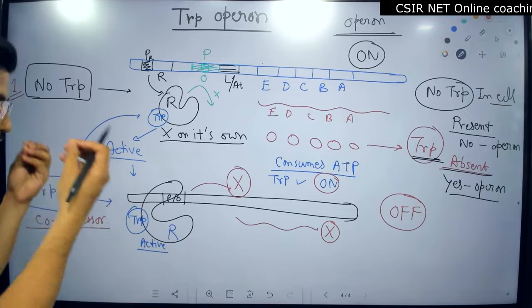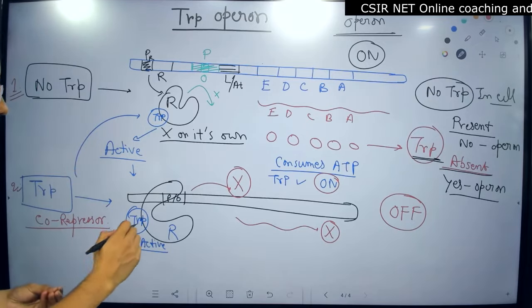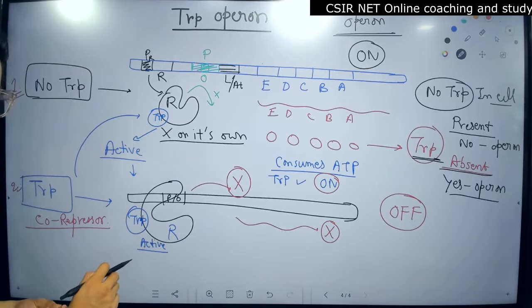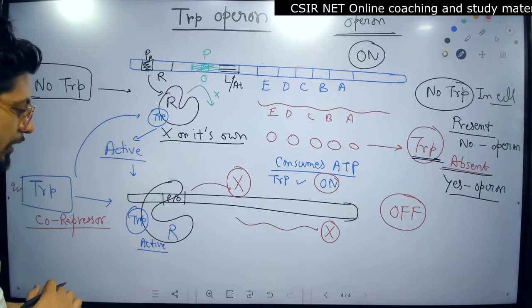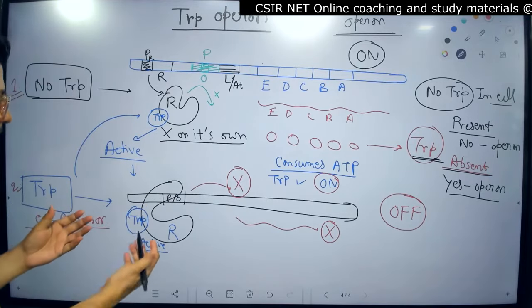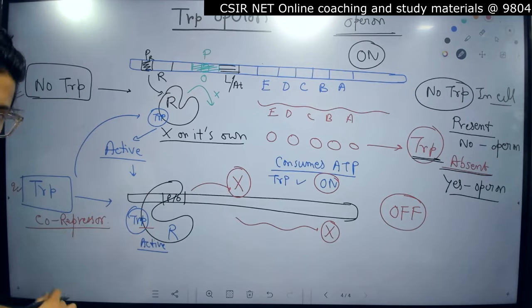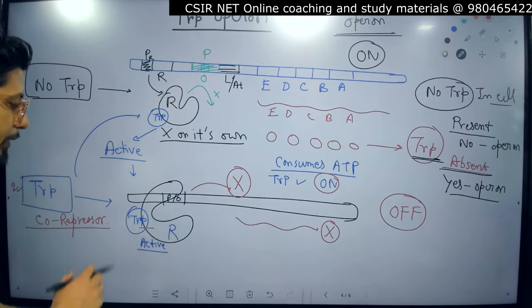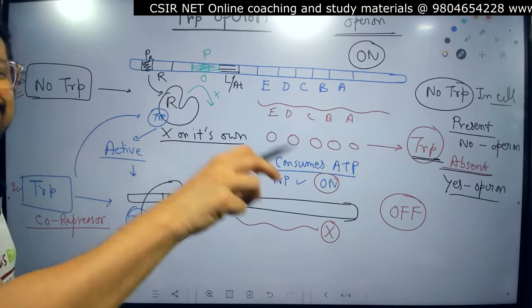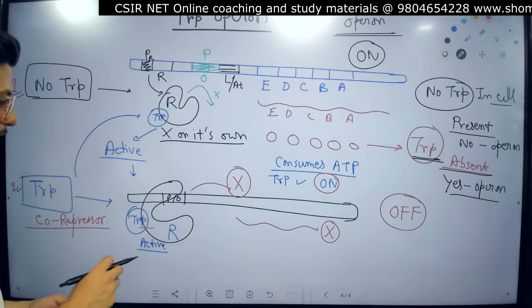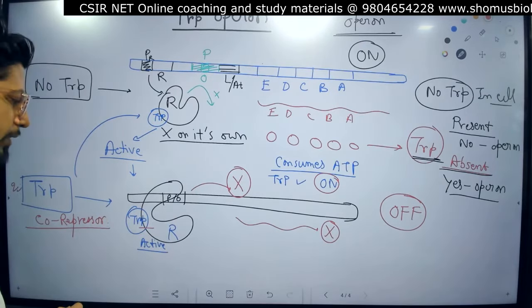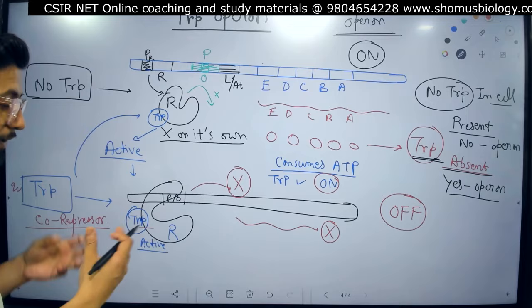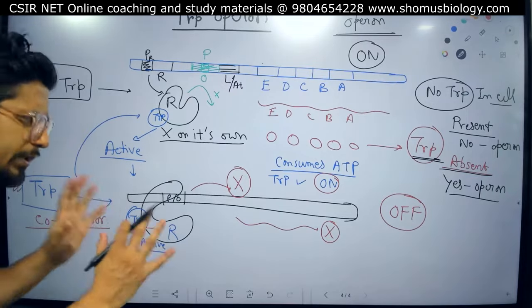Somehow the tryptophan is not working well in shutting off the tryptophan operon. There might be a problem with the tryptophan's association with the repressor. The repressor may not be functioning properly, because tryptophan itself will not directly interact with the promoter operator. The repressor binds to the operator. So the repressor is faulty, or maybe the tryptophan-repressor binding is faulty for some reason.